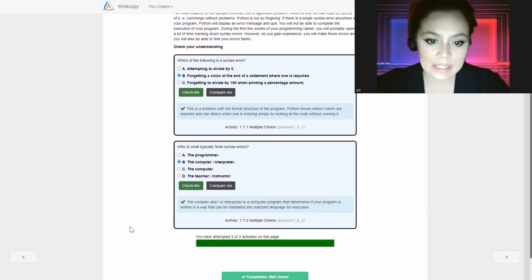I went with compiler, interpreter. Option B, the compiler and/or interpreter is a computer program that determines if your program is written in a way that can be translated into machine language for execution.